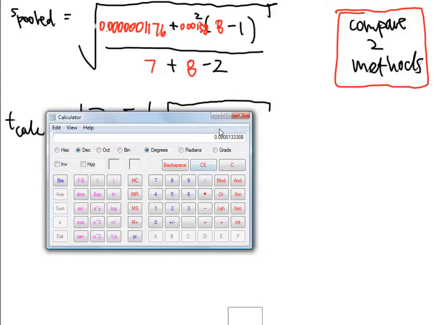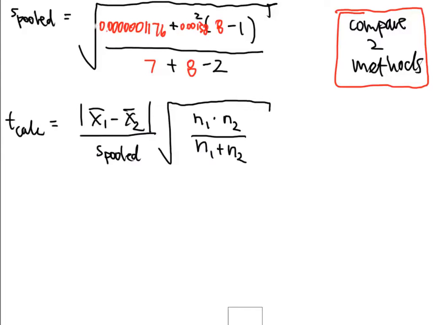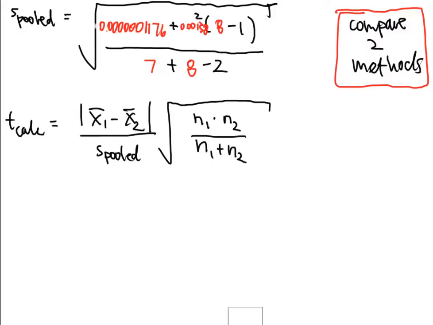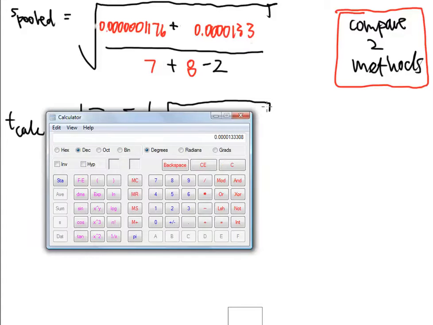So 4 zeros, 133, right? Okay, so let me erase all of that mess because we've cleaned that up. So 4 zeros and then 133. Again, double check it. 4 zeros, 133.